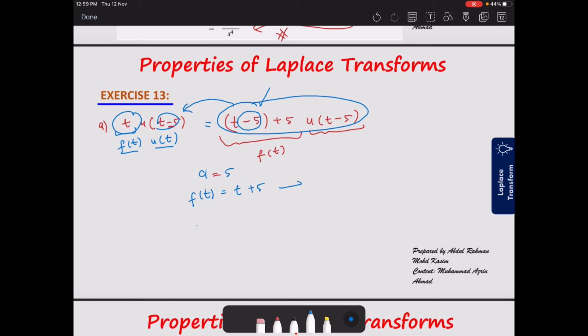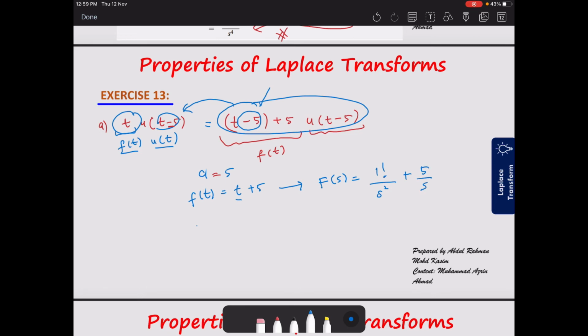From here, you can find your F(s) by Laplacing that equation. What will you get? You will have 1 factorial over s to the power of 2, so please be careful, we have 1 factorial over s squared, and then plus 5 over s.